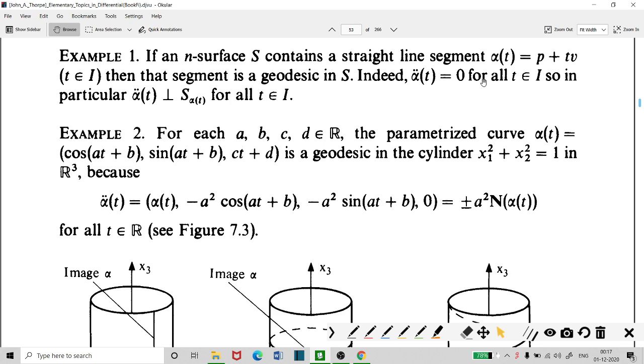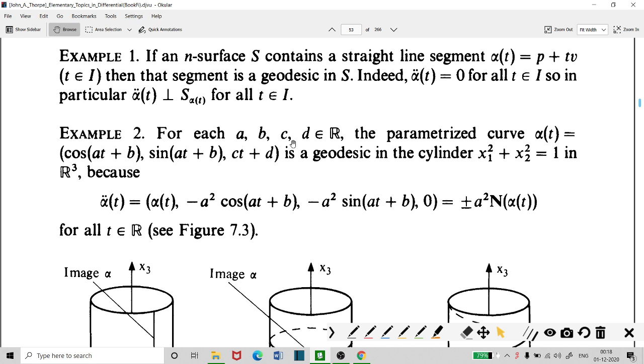Indeed, alpha double dot is always 0. That's the reason, so this is perpendicular to the tangent space. So obviously all straight lines are geodesics.